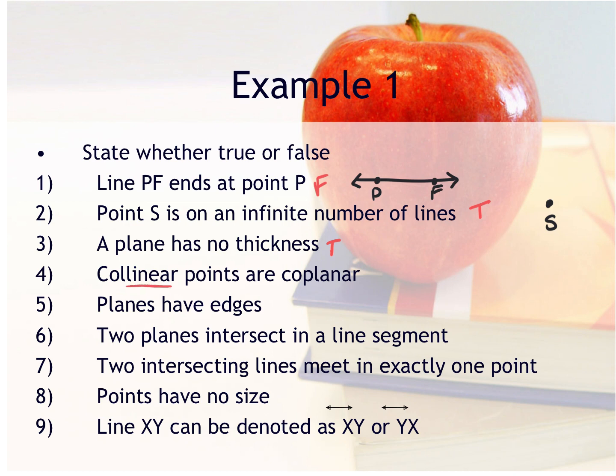So here are my collinear points, A and B. Are these points coplanar? Coplanar again means on the same plane. So I'm going to draw one plane, and yes, this is true.